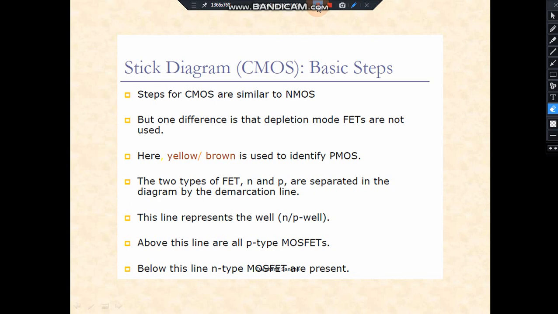We have to keep in mind that we have to use a demarcation line between P and N. This line represents the well. Above this line are all P-type MOSFETs, and the lower portion is all N-type. We have to represent all N-type MOSFETs below the demarcation line and all P-type MOSFETs above it.